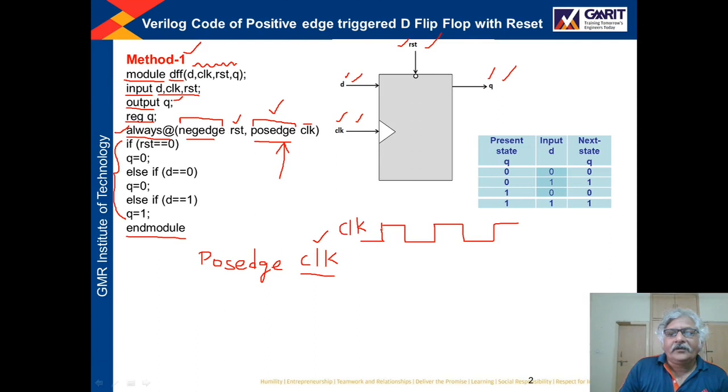So whenever this edge is detected on this CLK input, then the always block will be activated, right? And the statements written inside always block will be executed. So since we have to operate this flip-flop at the positive edge of the clock only, that's why I have used posedge, right?